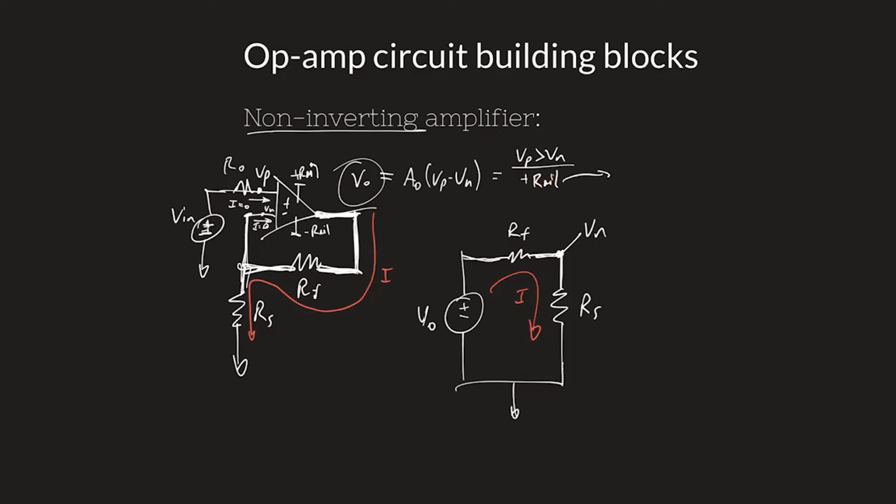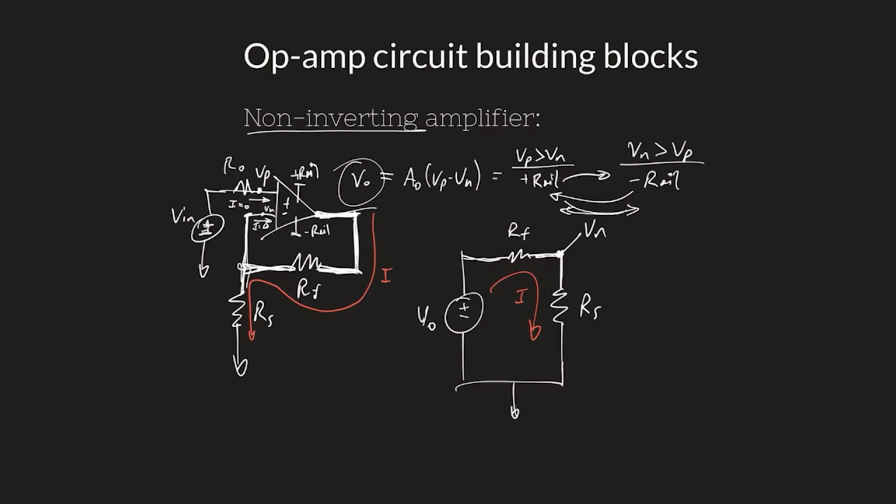That makes it so that Vn is now bigger than Vp. And because of that, we hit our minus rail. So notice that no matter which one I started with, whether I started with this assumption or started with this assumption, it would have gone to the other one naturally. So I'm just going to go back and forth, oscillating here until what?